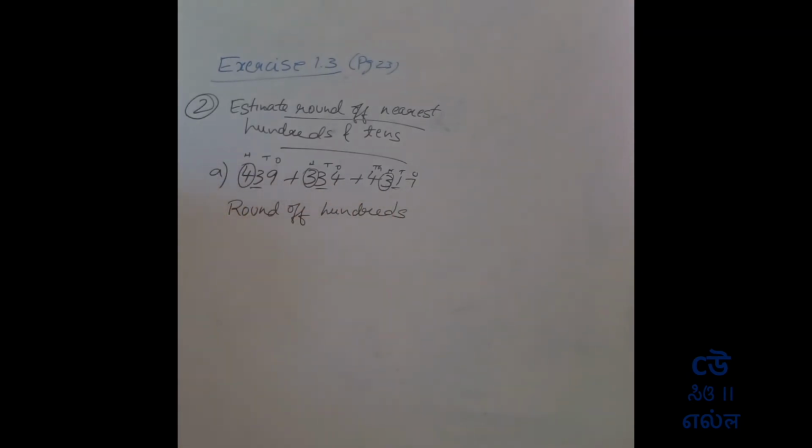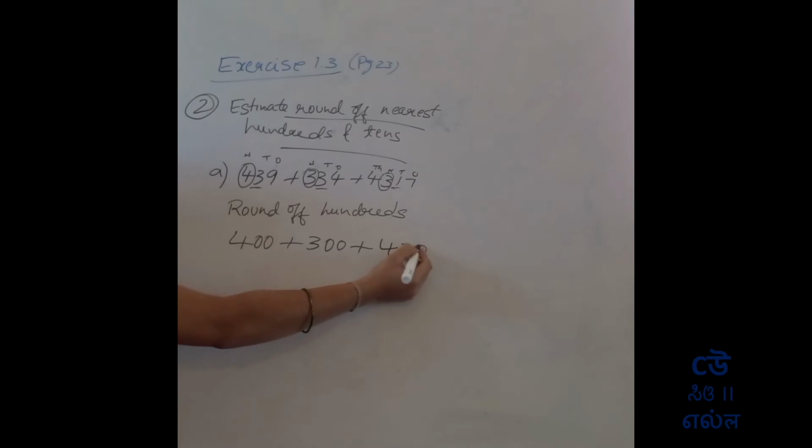So here we have 3. 3 is less than 5. So this 4 remains as it is. Next 3. 3 is less than 5. So 3 remains as it is. Next here 1 is there. So 1 is less than 5. So 3 also remains as it is.